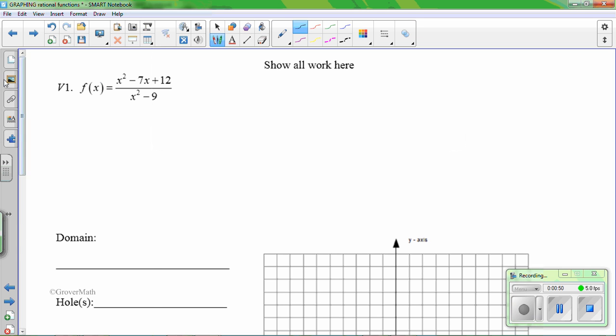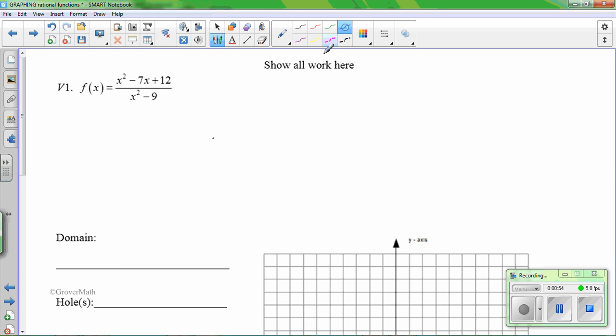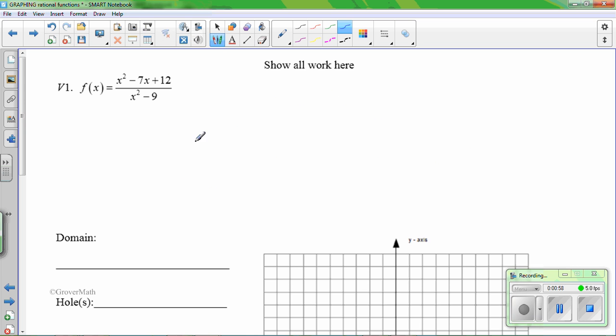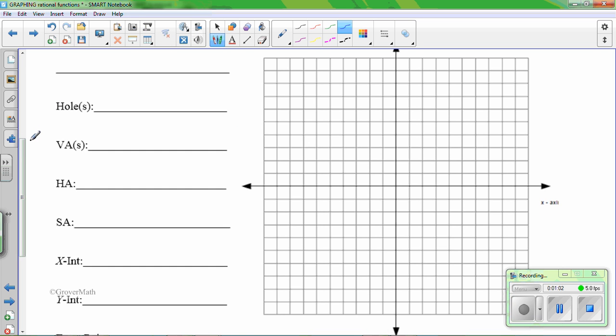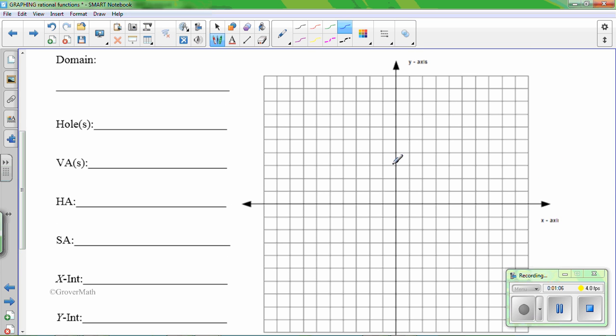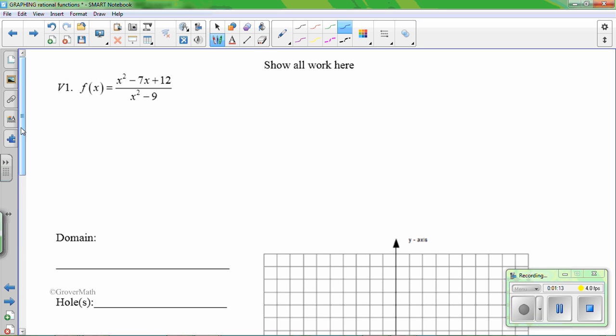Up here is where you're going to do all the calculations, and down here you're going to fill in all the information as far as domain, holes, and so on, and then we're going to graph it. Our calculators will be very helpful as they've been throughout this entire unit, so make sure you have that available. So let's jump right in.